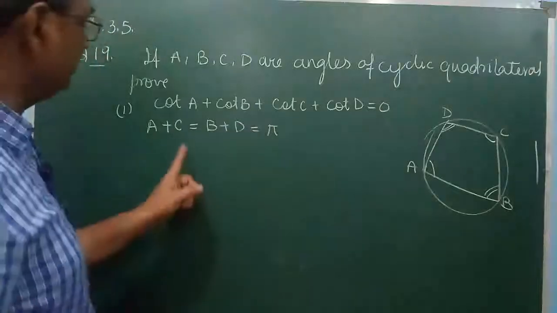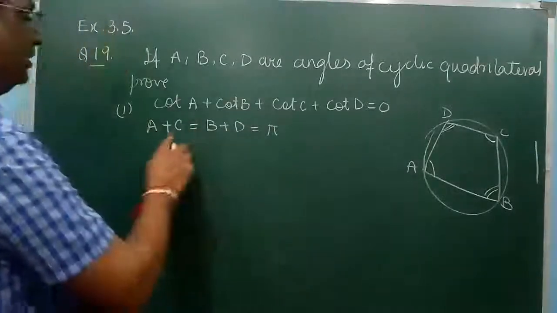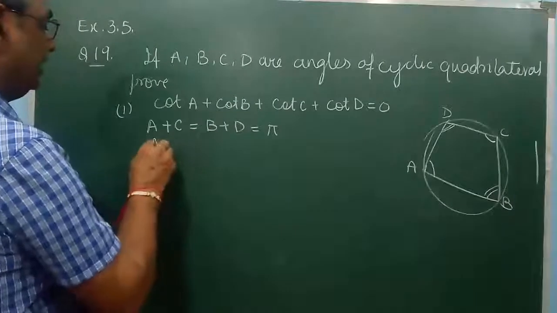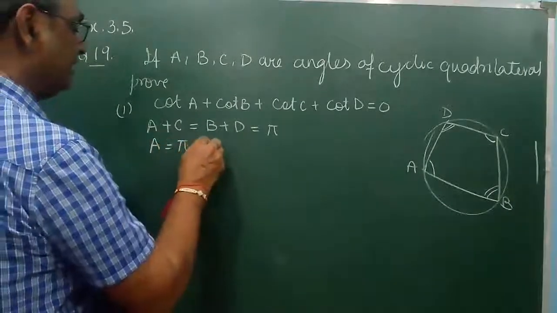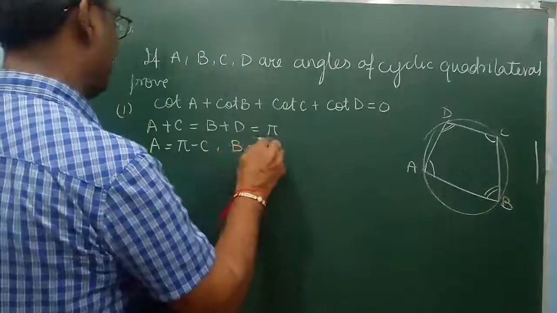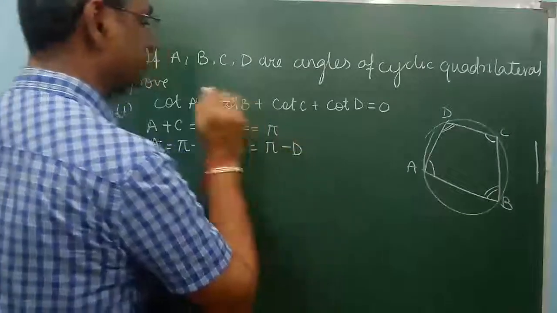Now A I can write as pi minus C, and B I can write as pi minus D.